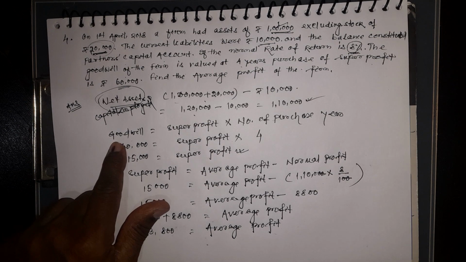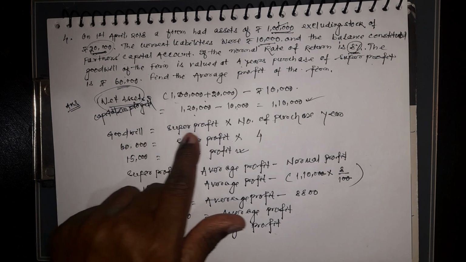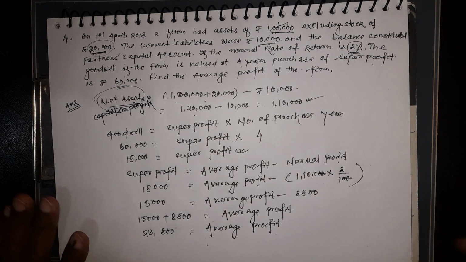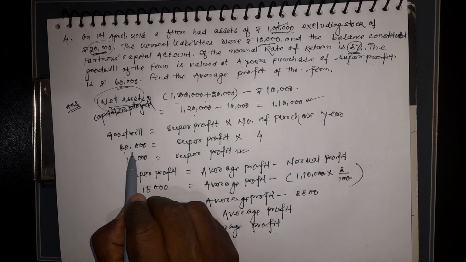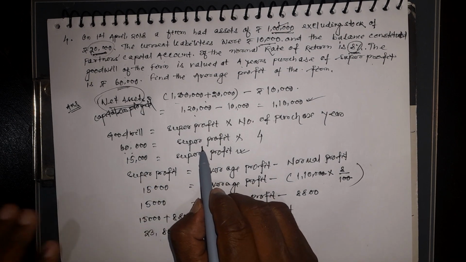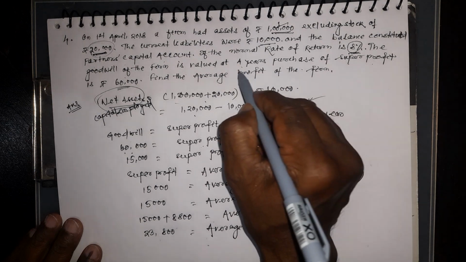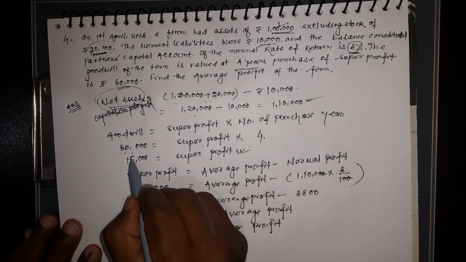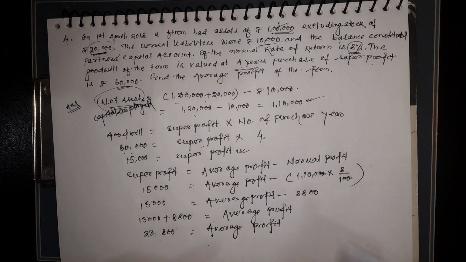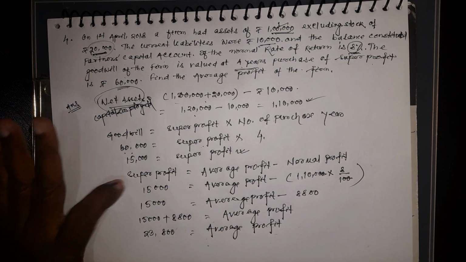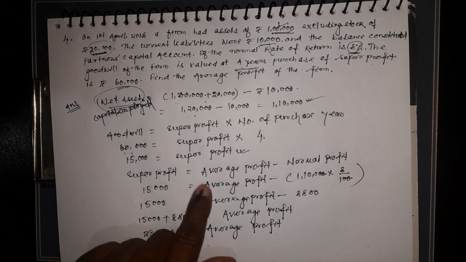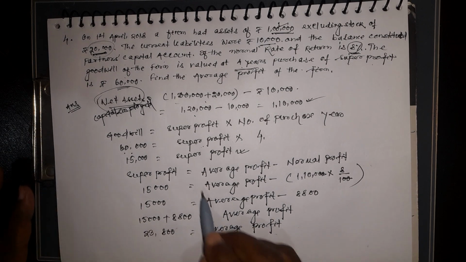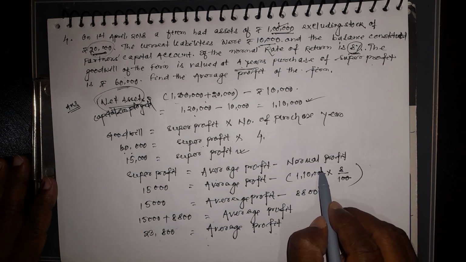Then goodwill value is given. Goodwill equals super profit into number of purchase years. In the place of goodwill you write 60,000, super profit into number of purchase years, which is given as 4, so it will be divided, and 15,000 is the super profit. After getting the value of super profit, you simply write the formula: average profit minus normal profit.